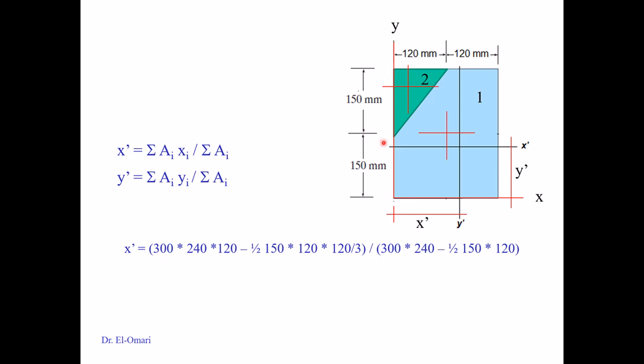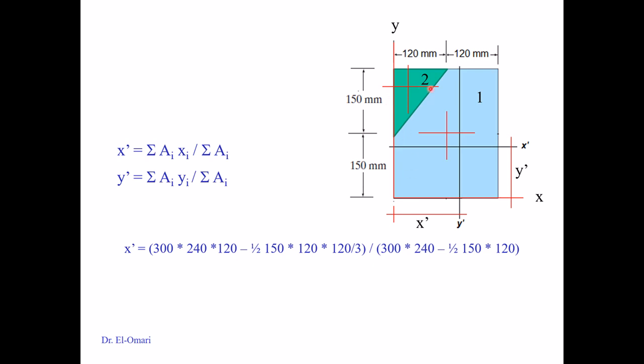This is the 300 times the 240, and then multiply it by the horizontal distance between the reference axis and its own centroidal y-axis, which is 120. We subtract from that half height times base, which is the area of this triangle, half 150 times 120, and then multiply it by 1/3, which is the horizontal distance between its own centroidal axis and the reference y-axis.